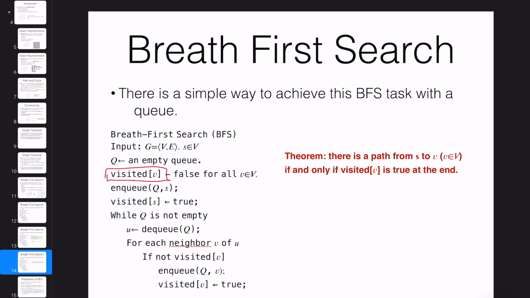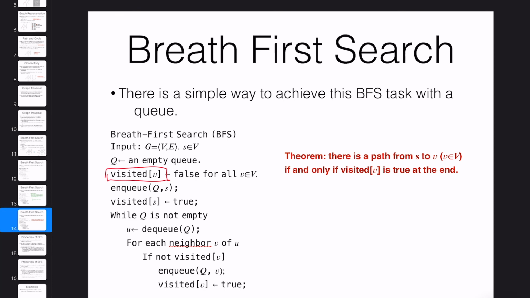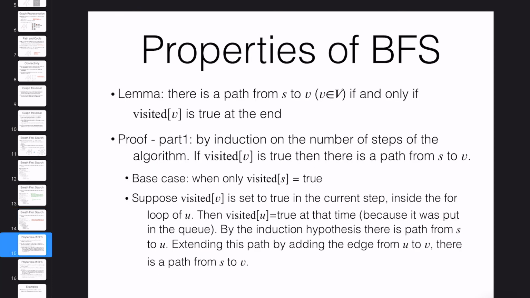We can prove that if there is a path from S to any node V, after you run the BFS starting from S, the visited value for them is going to be true. You will visit them. I am going to leave the complete proof here for you to study.